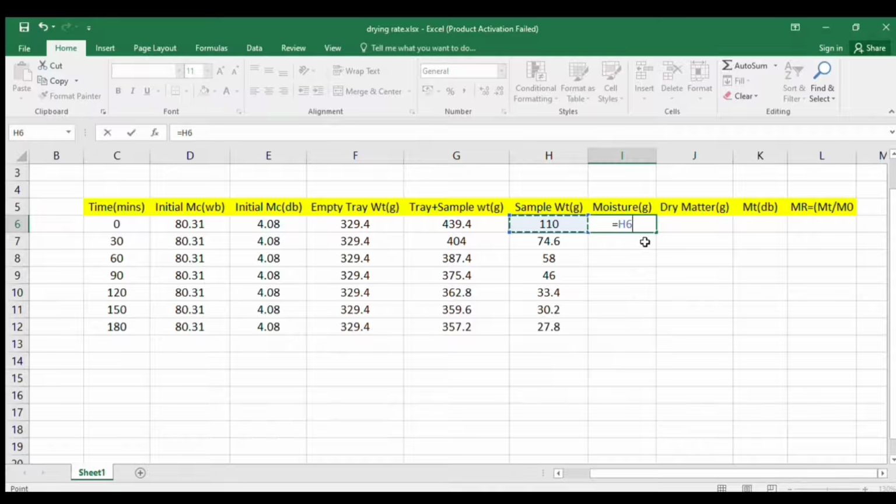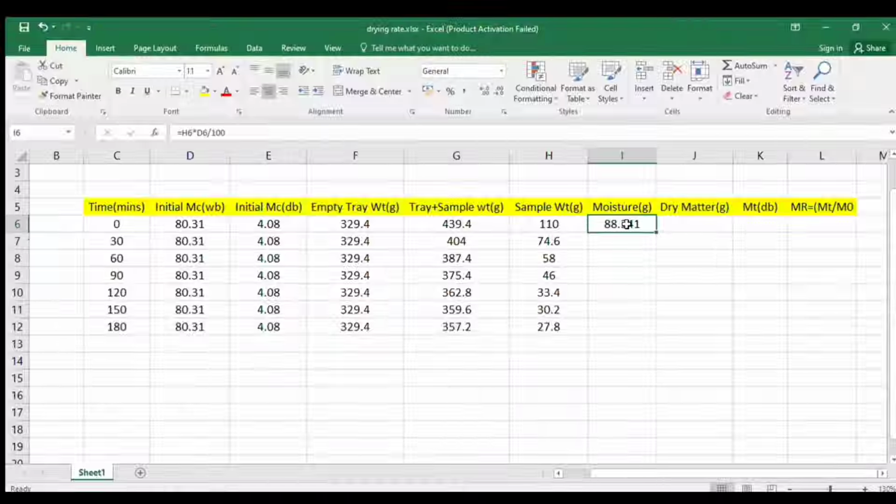If we multiply 110, which is the sample weight, with the initial moisture divided by 100, as it is in percentage, we will get the moisture content at 0 time or the initial time in the 110 gram sample.